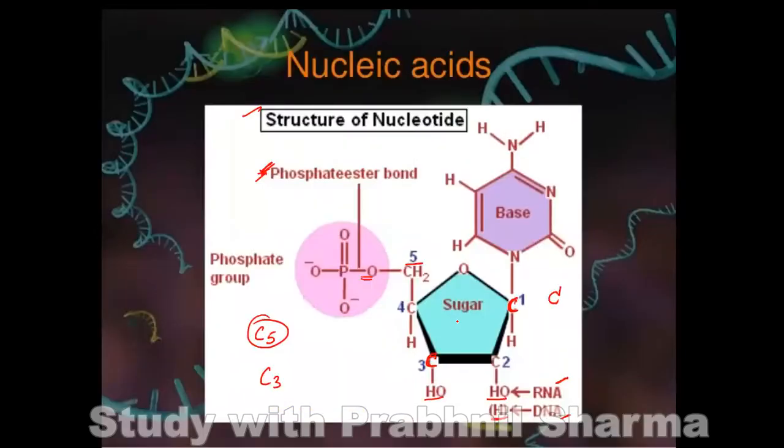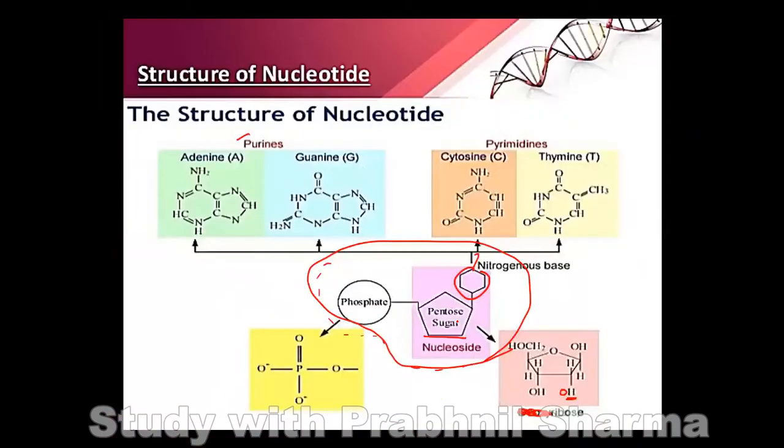Now see the structure of this nucleotide. If you see this one, this is sugar. 5 carbons are there: 1, 2, 3, 4, 5.